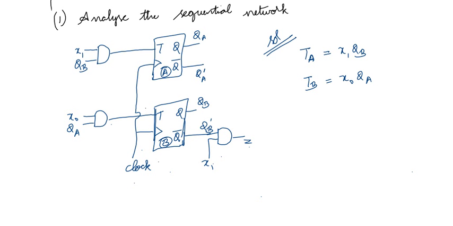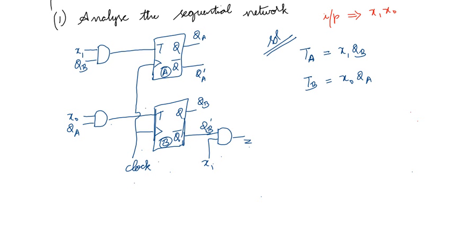Okay, right. And what is the output? This is the output, right? Before that, we should be very clear what the inputs are and what the states are. If you look at this, it's very clear. The inputs are x0 and x1, or you can write it this way also, x1, x0.